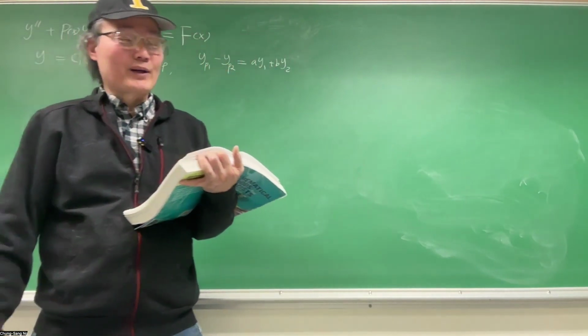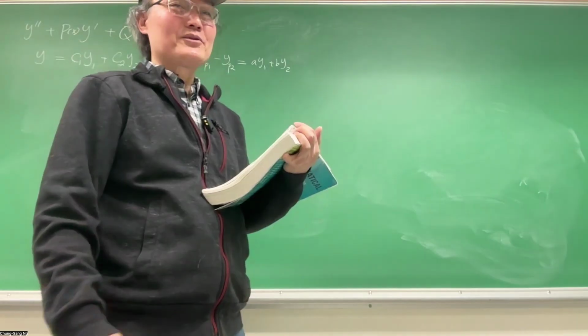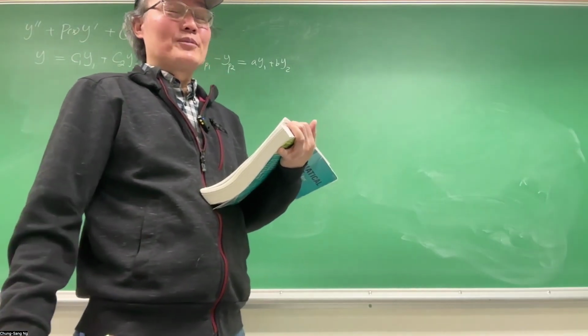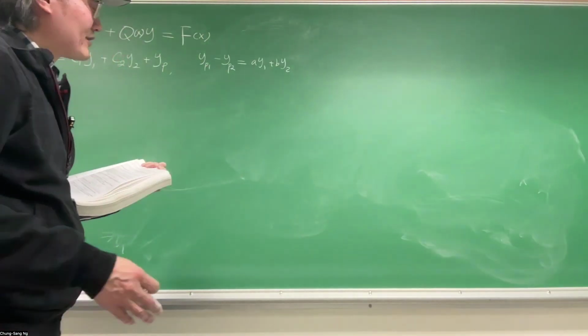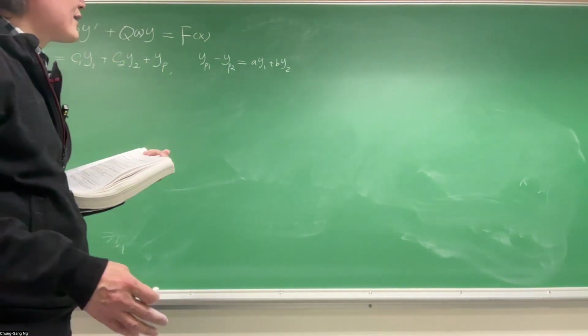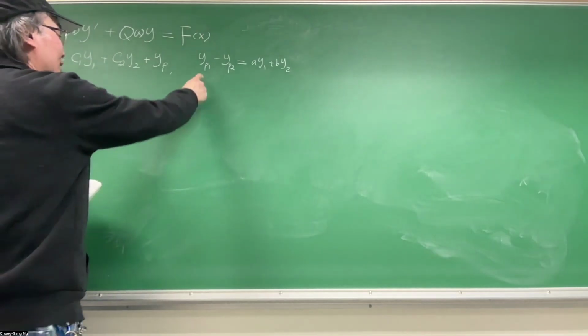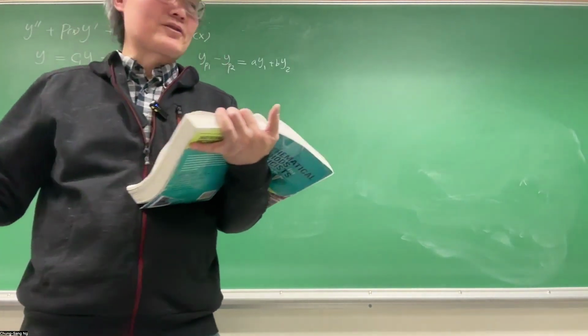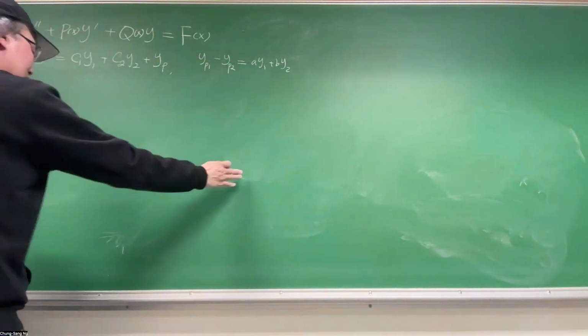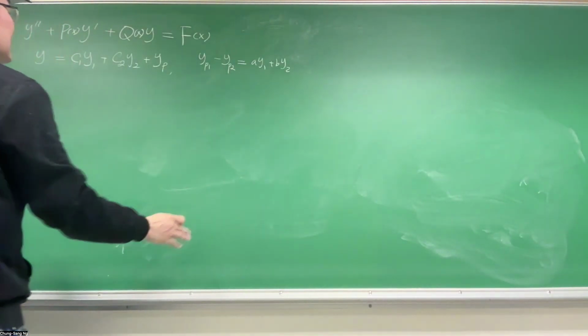You can guess a particular solution and just use that, because any particular solution is as good as any other, since the difference is just a combination of homogeneous solutions.